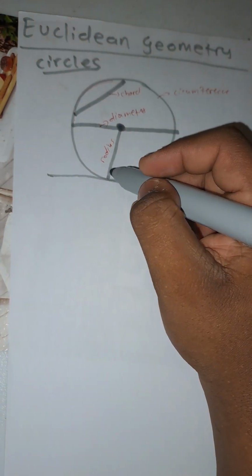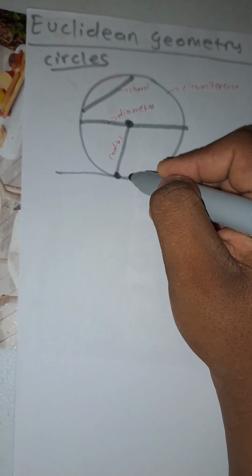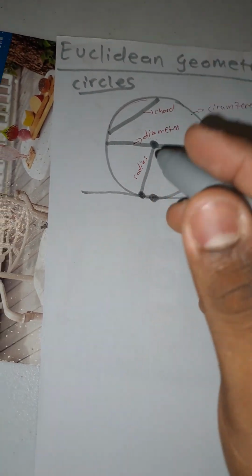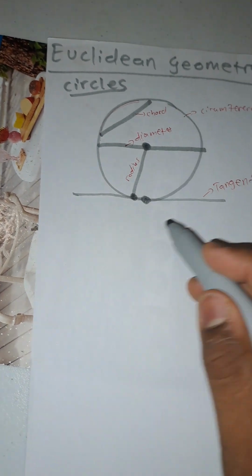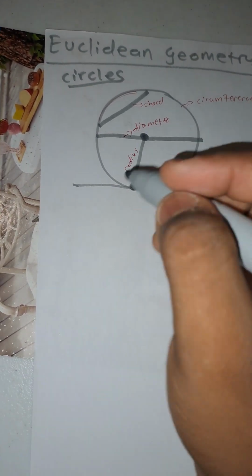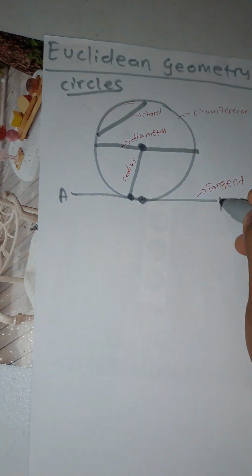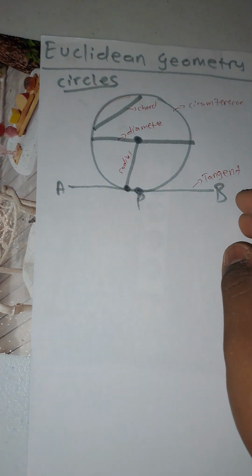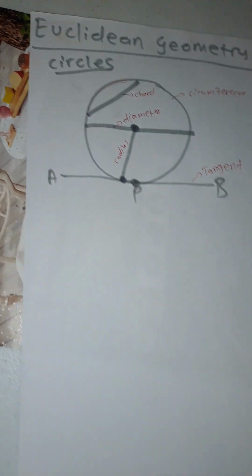A tangent is a line that makes contact with the circle at one point. So this is one point on the circumference. Let me put A, B, and then P. So AB is a tangent at point P.